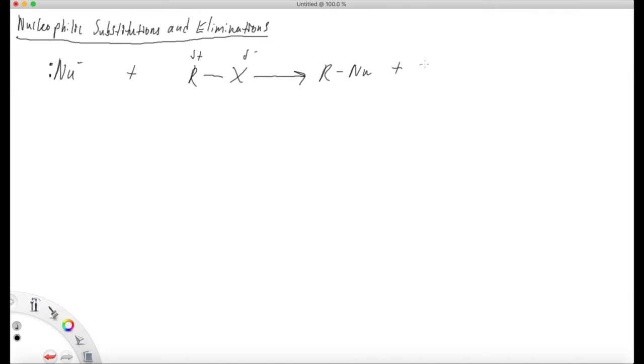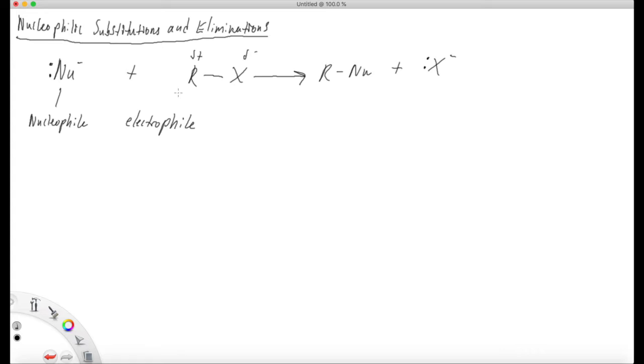In the products, the alkyl group, the R group, is now bonded to the nucleophile, and the leaving group is written by itself here. So the leaving group now has a full octet on its own. It has a negative charge, whereas in the beginning the nucleophile was the chemical species with the negative charge.